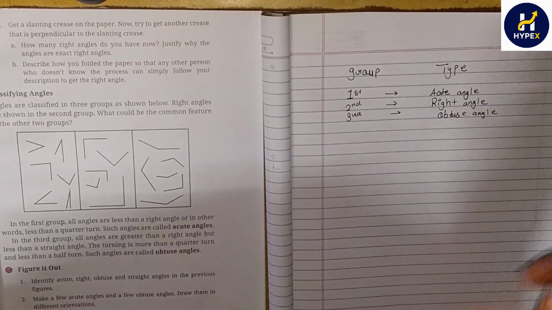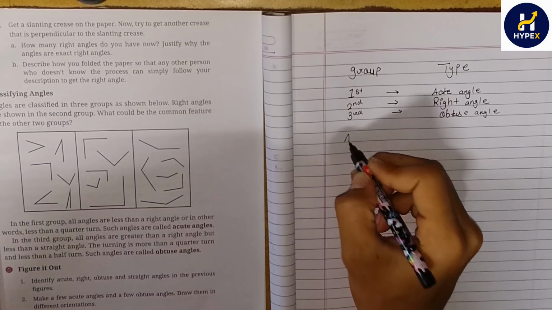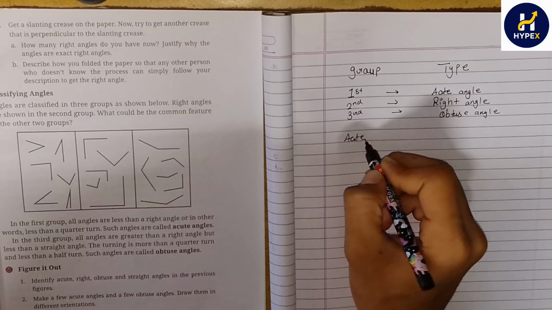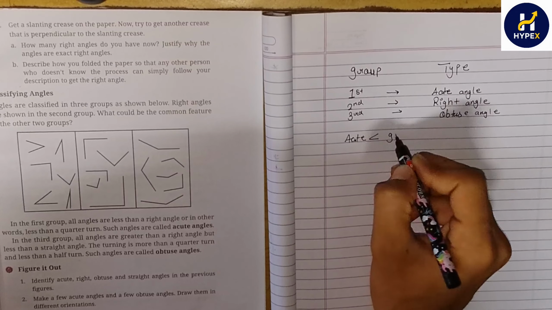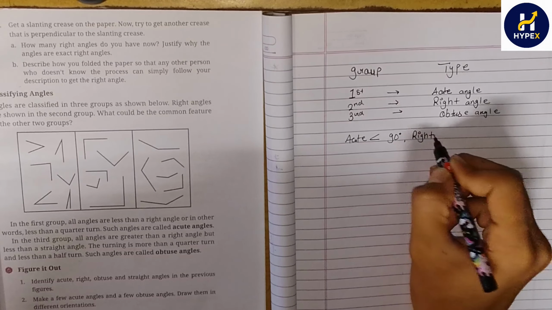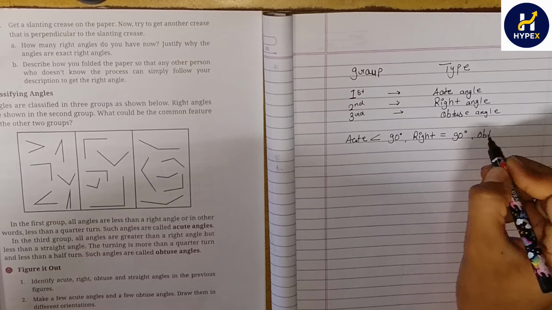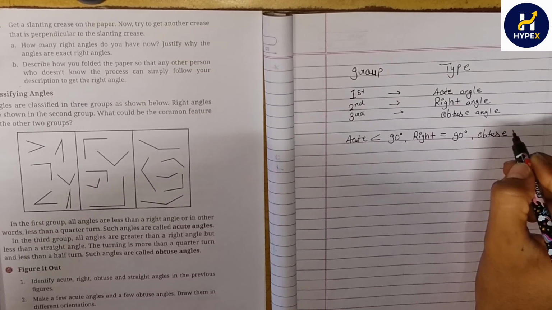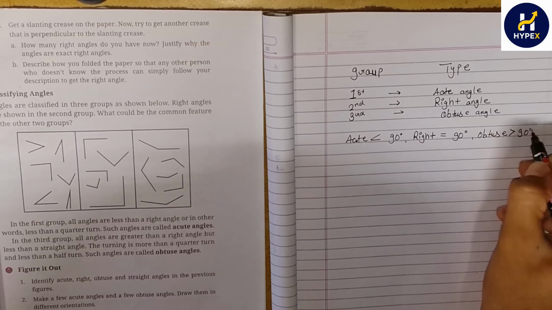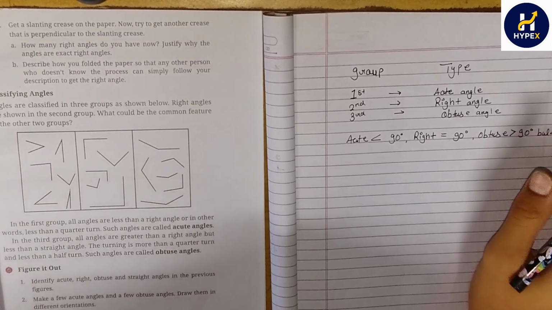So these are the final answers. Remember, acute is less than 90 degrees, a right angle is equal to 90 degrees, and obtuse is greater than 90 degrees but less than 180 degrees.